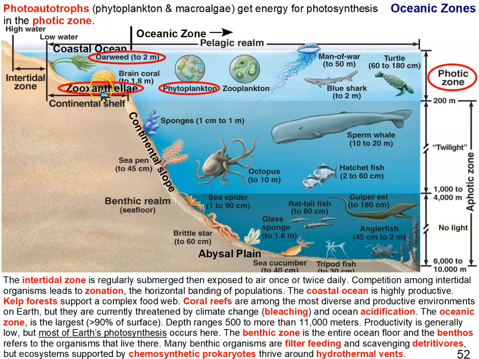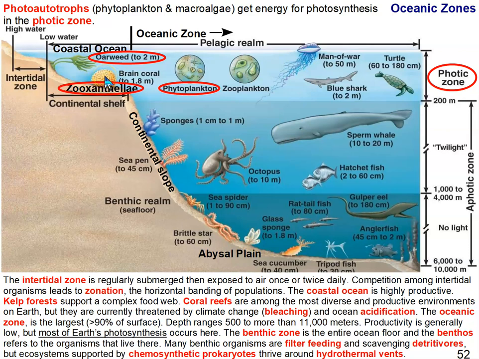But it's not only making food for itself, it's making food for the coral. And of course, photosynthesis requires light, so that explains why corals can only live in the photic zone. You'll only find them along the continental shelves where light penetrates. You may have heard of coral bleaching. That's when the water gets too warm for the coral.